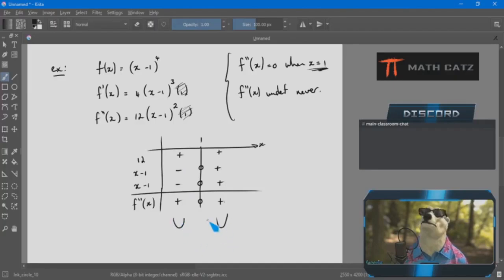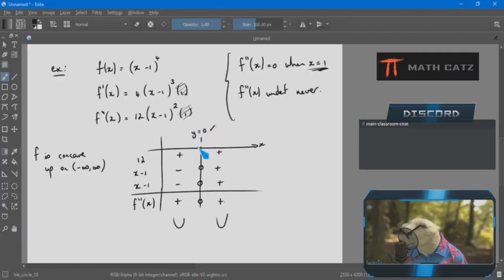It doesn't mean it's a full turn. And in fact, it isn't. So I'll just write over here, my function is concave up everywhere, because I don't have to exclude 1 because it's defined there. I have a y value, the y value happens to be 0.